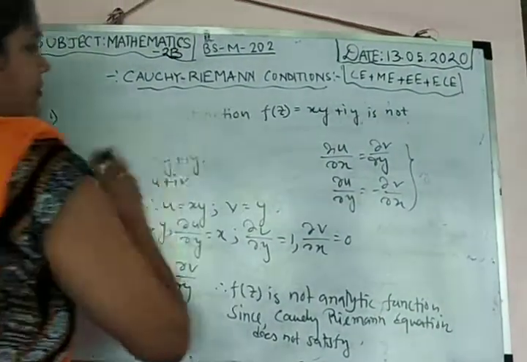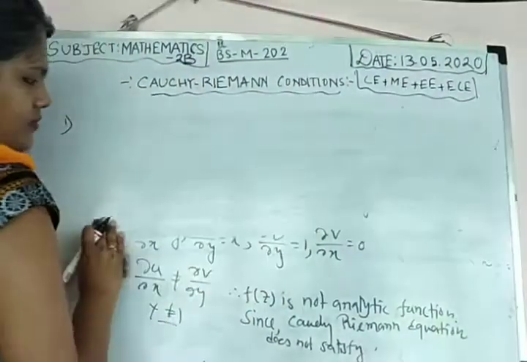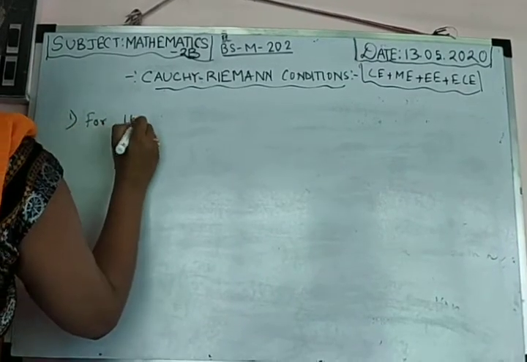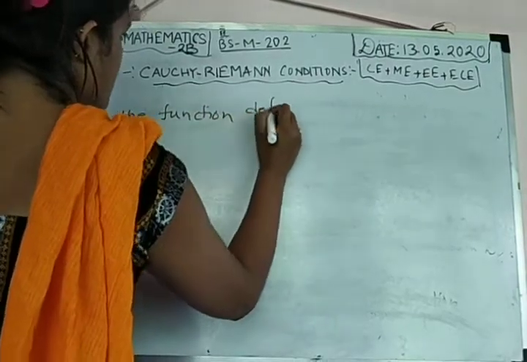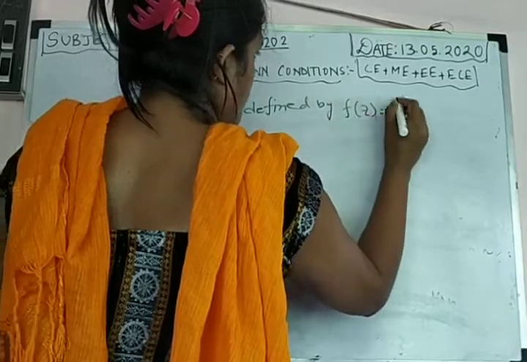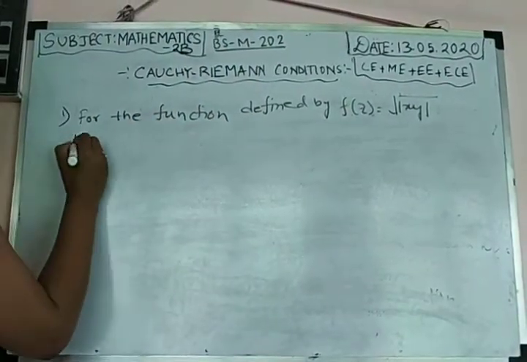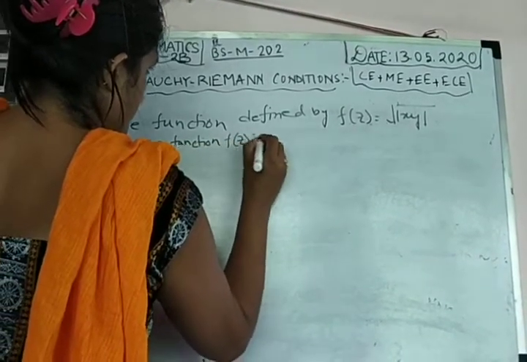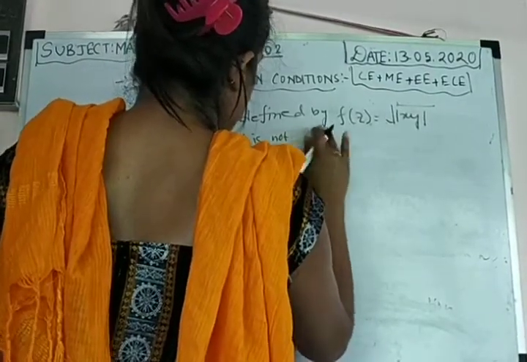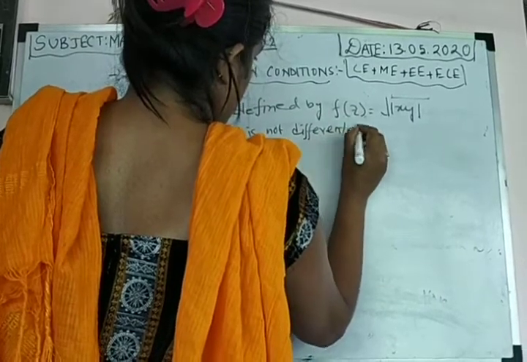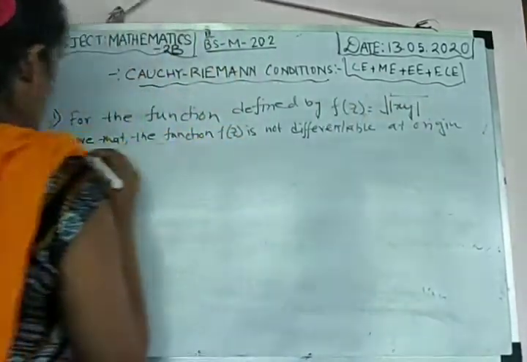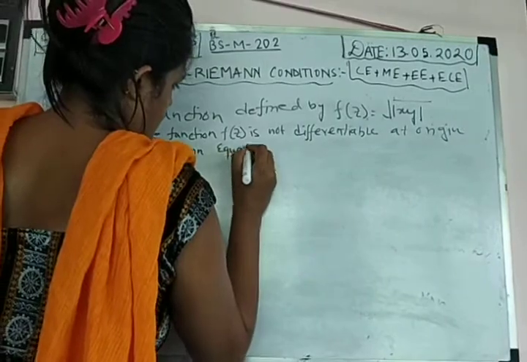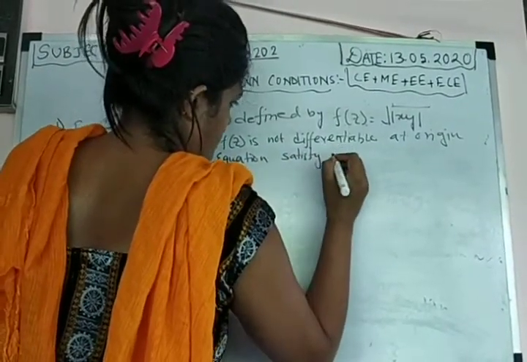Now the next problem. For the function defined by f(z) equals root of mod xy, prove that the function f(z) is not differentiable at the origin, but the Cauchy-Riemann equation is satisfied at the origin.